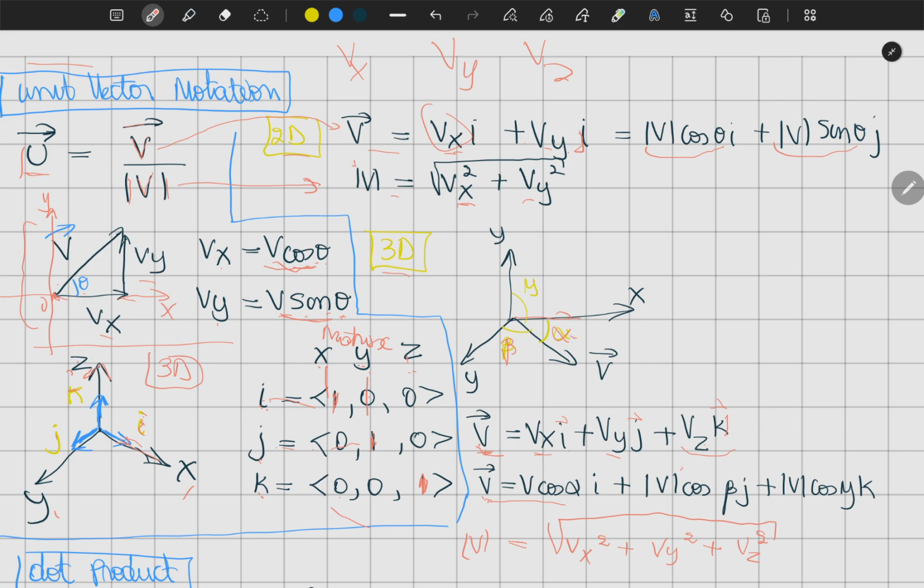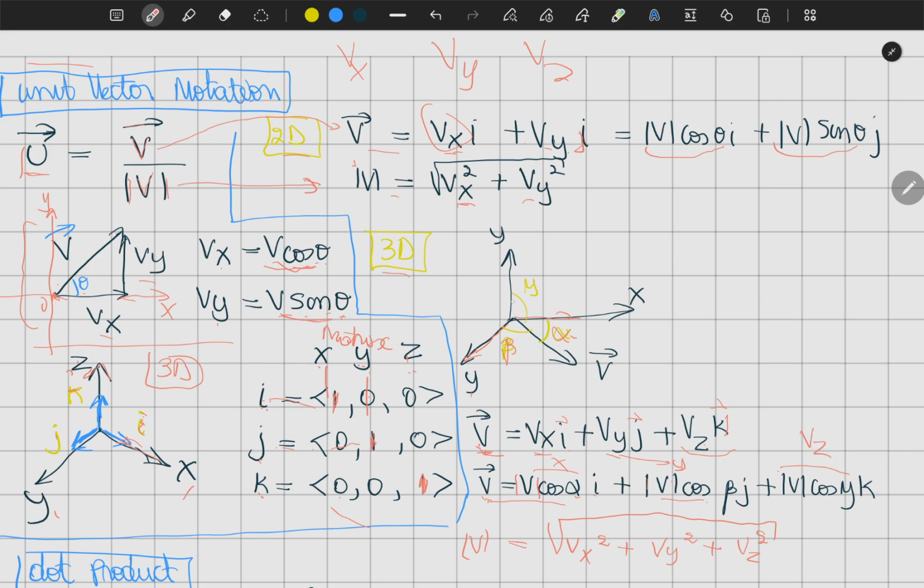So it can be v cos alpha i plus, you got this, let me just call it this one, should be the resultant times cos beta. So when you go down like this, toward y, this is where we have y. And this is where we have x, vx, and then this is where you will find vz.